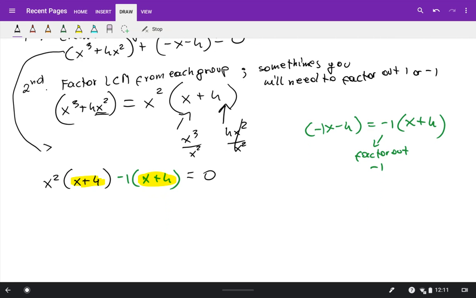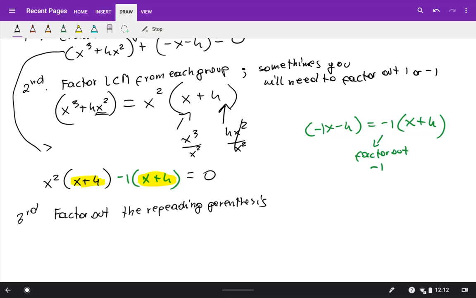So the third step is factor out the repeating parentheses.